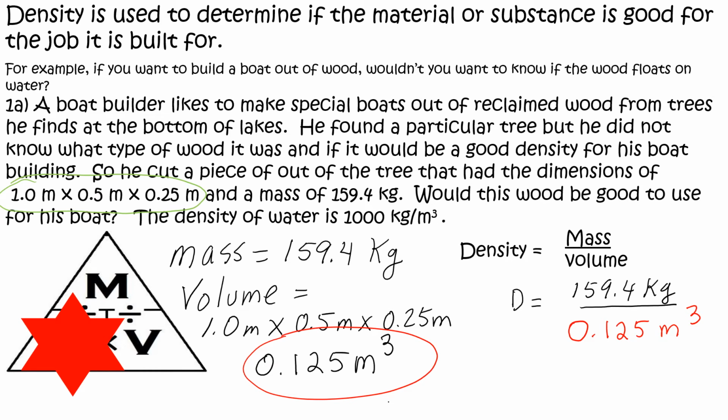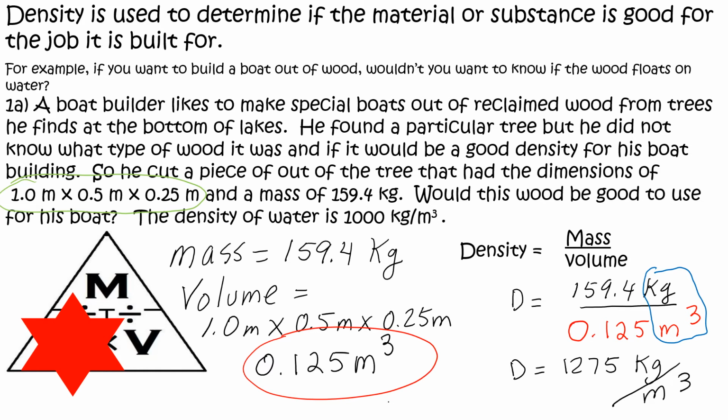Now look, 2 units here. They don't cancel out, so you got to write both of those units. All right, now when I go ahead and divide these two things, I get a density of 1,275 kilograms, see they don't go away, per meter cubed.